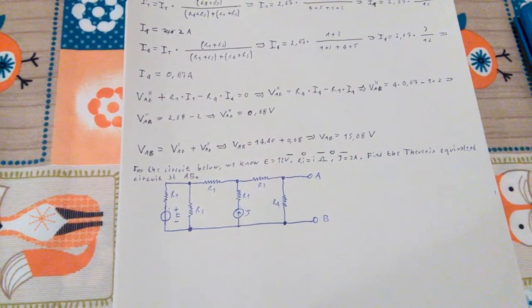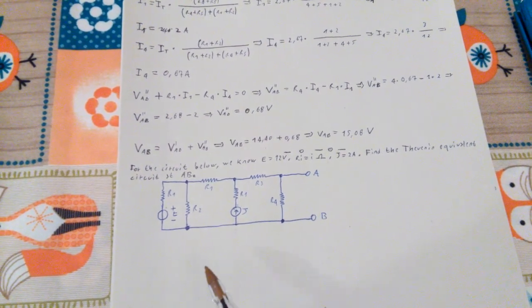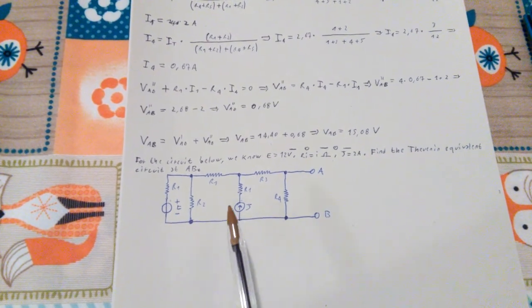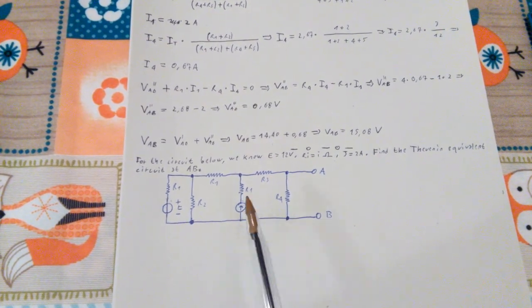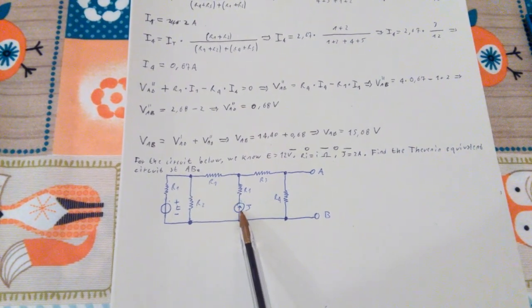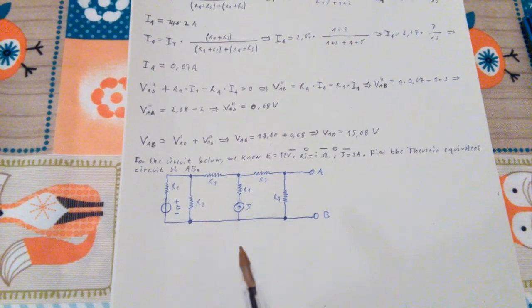First of all, let's make all this passive. By making it passive, I basically mean that the current generator is going to be turned into an open circuit. So there's not going to be anything here.